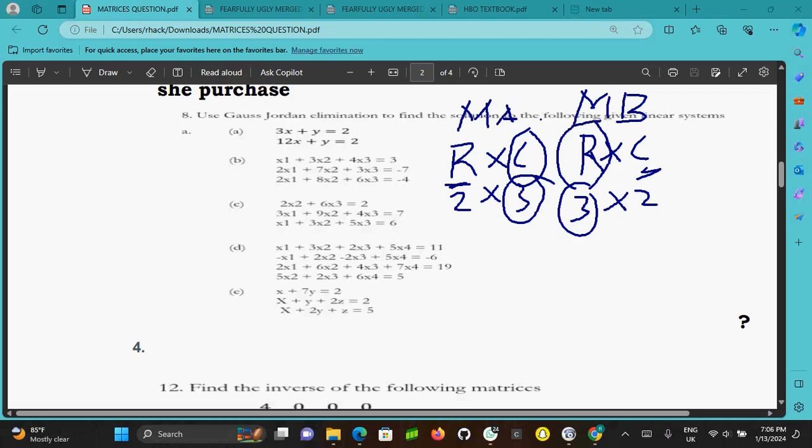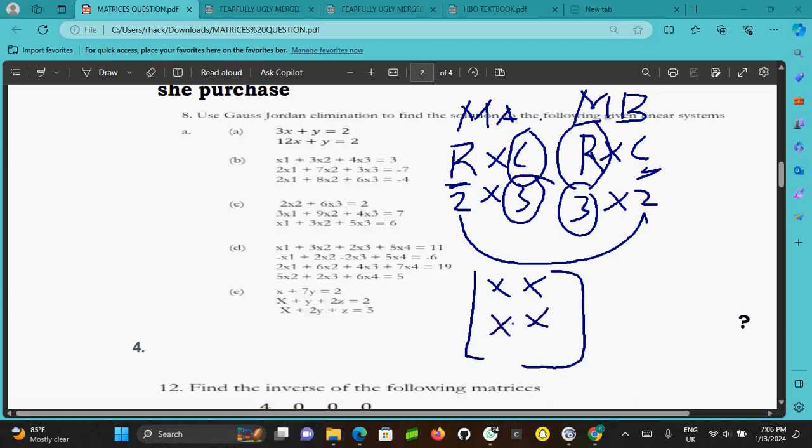And then our answer is supposed to be in a 2 by 2 matrix. So this is how our answer will be. You get it? Yes, I get it. All right.